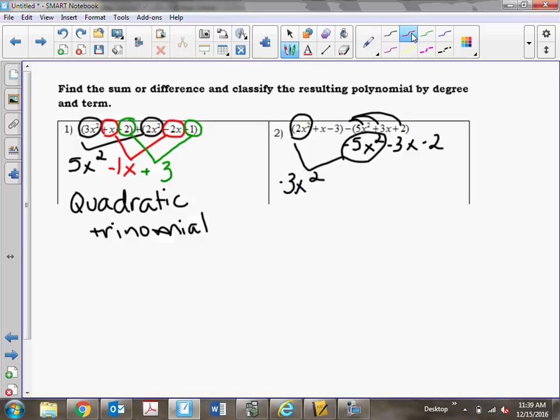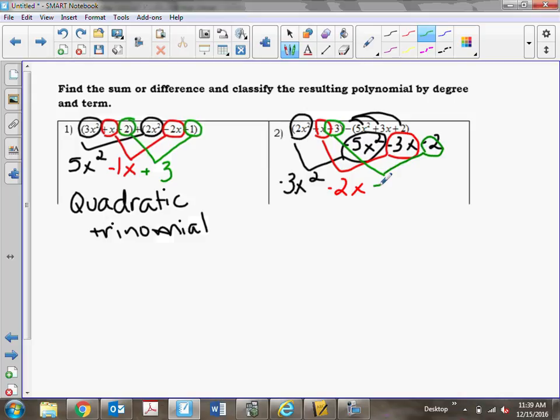We should also see that this x and this now negative 3x are like terms. So then that would give us a negative 2x. And we should also see that this negative 3 and this negative 2 are like terms.